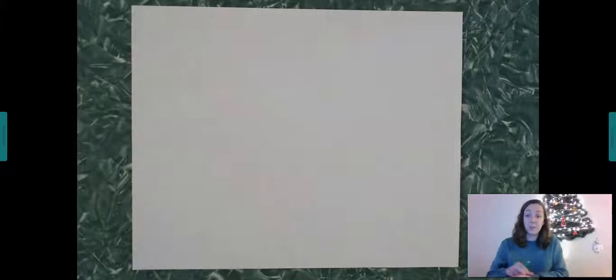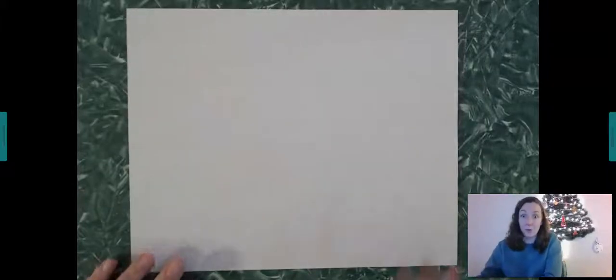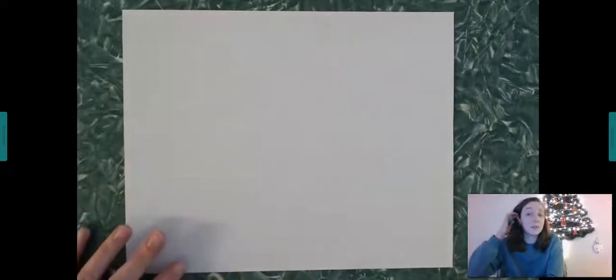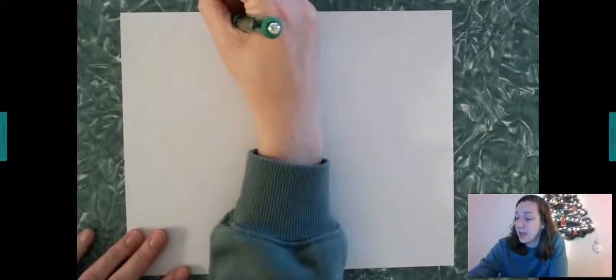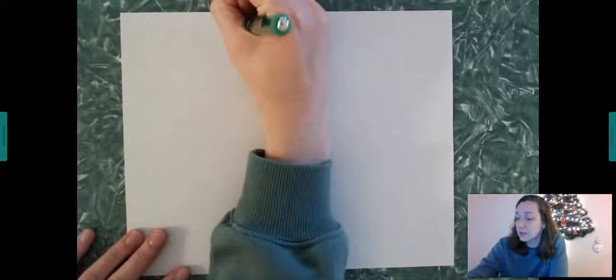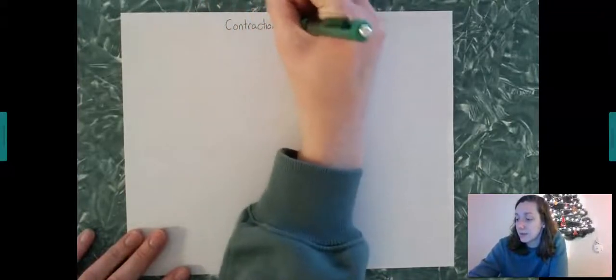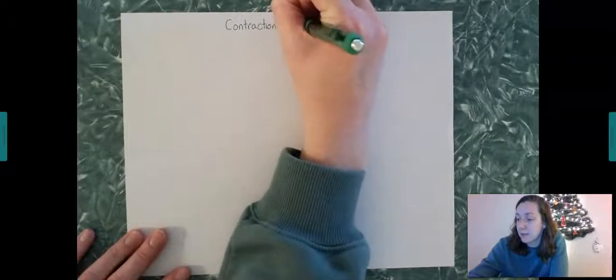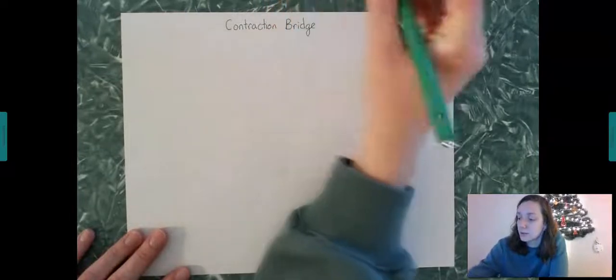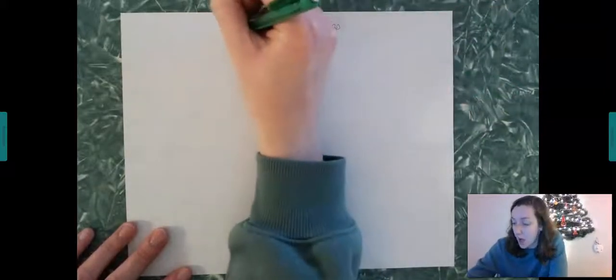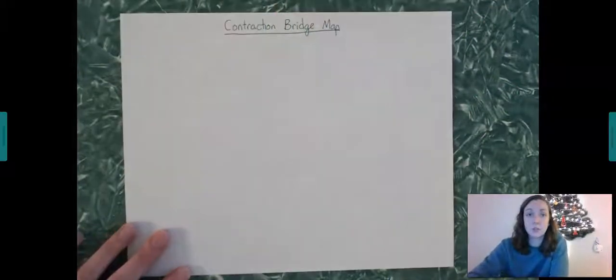Once you have your paper and your pencil, or whatever you're writing with, we're going to do a bridge map of contractions. So that is the title of our thinking map: contraction bridge map.